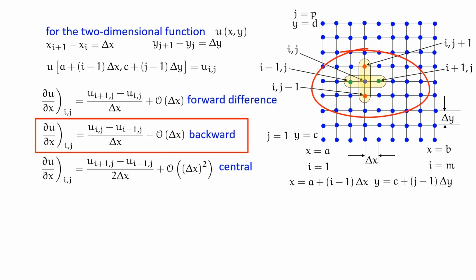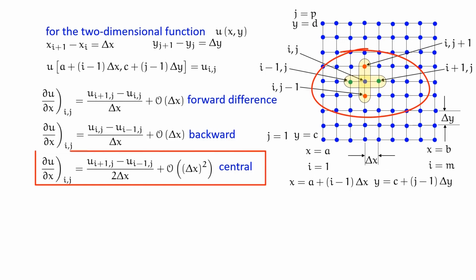The backward difference is u(i,j) minus u(i minus 1, j), once again divided by delta x since this is a uniform grid, and we know this also has first order accuracy in delta x. In central difference, we have u(i+1,j) minus u(i-1,j) divided by twice delta x, and this has an order of accuracy of delta x squared.